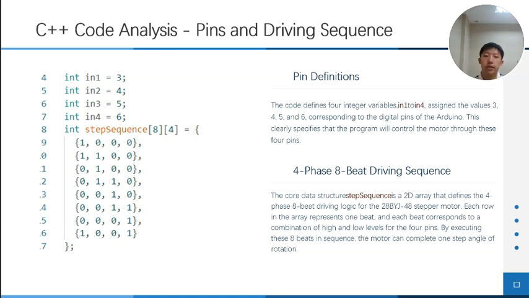This is actually the dance steps to control the rotation of the 28BYJ-48 motor, which we call the 4-phase 8-beat driving sequence. Each row represents a state, and executing these 8 states in sequence will rotate the motor by a fixed angle.